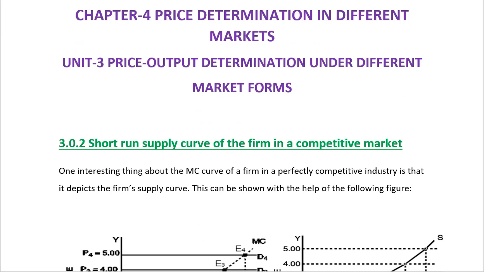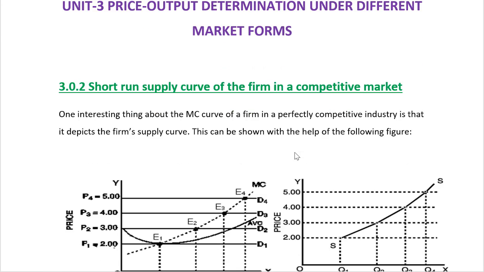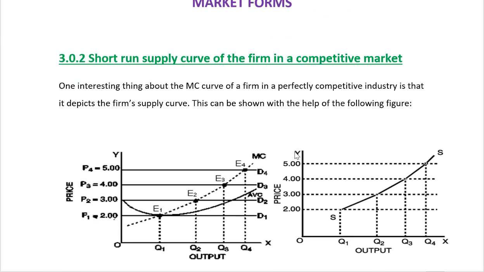The first concept that we are going to discuss today is the short-run supply curve of the firm in a competitive market. What does the short-run supply curve depict? Just see over here. In the short run, when the price is 2 rupees, the quantity supplied was Q1.